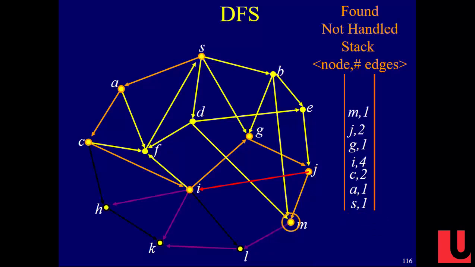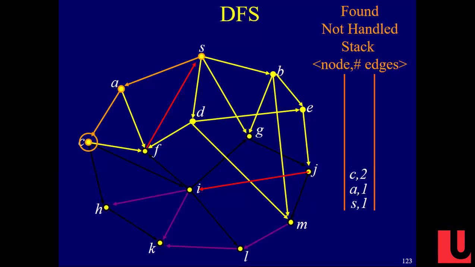And then from J we go down to M, and then we go there and we go up. Then we come back and we come back and we go up to F. And then we got another cycle up to S, right? And then we come back and we come back. Here we keep following it. And look at all that work, right?